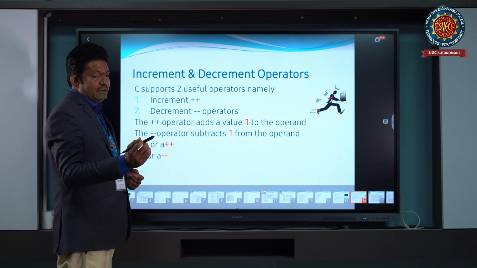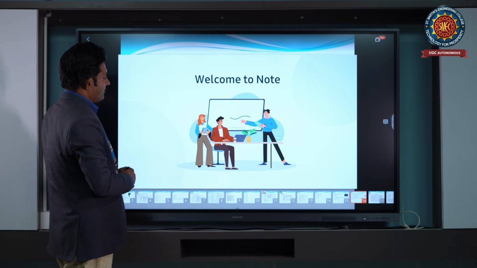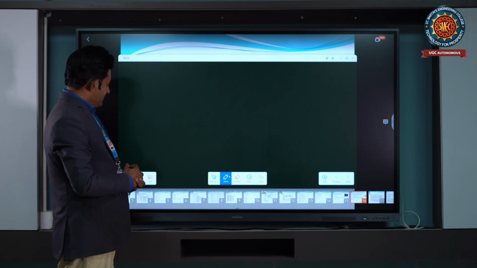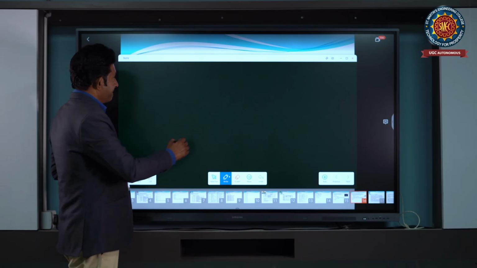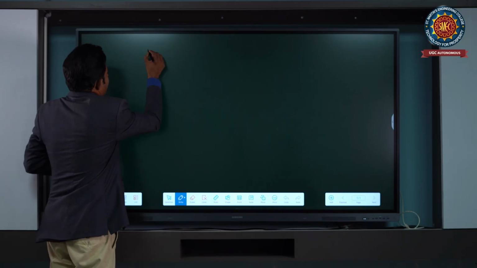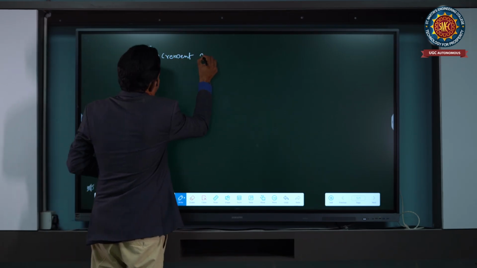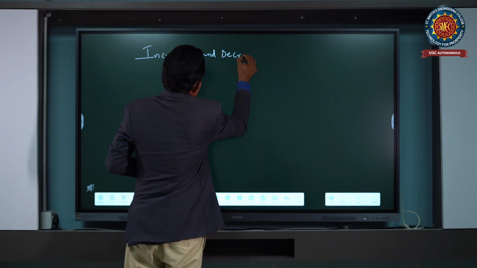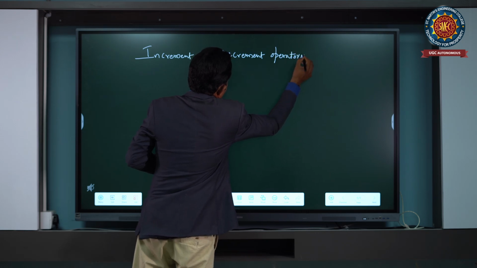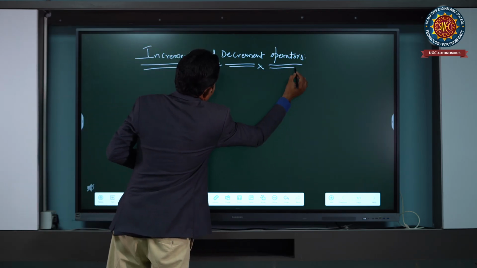The next operators are the increment and decrement operators.